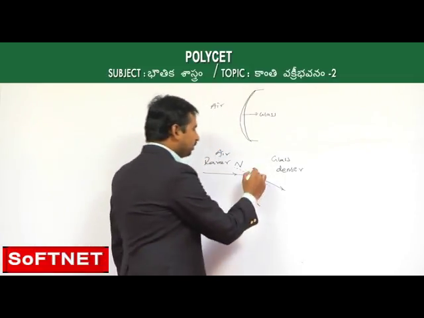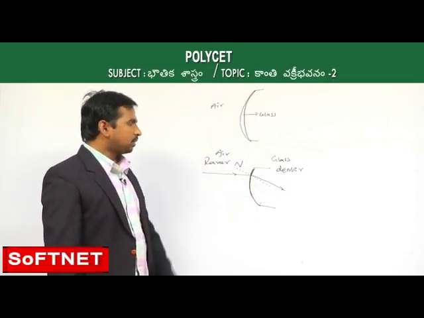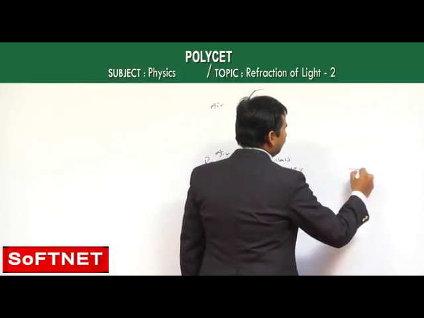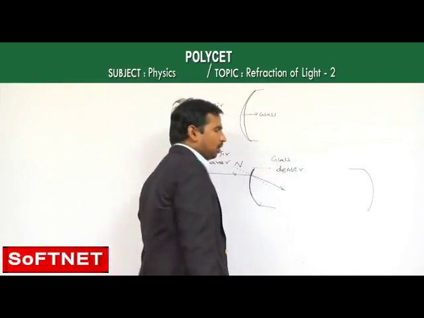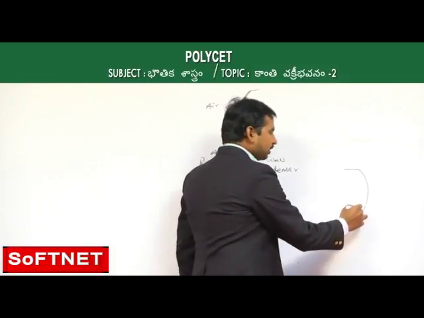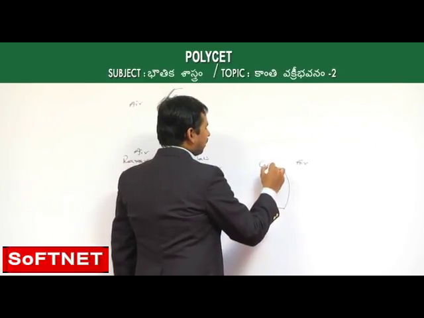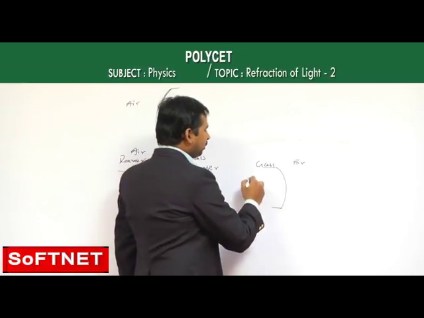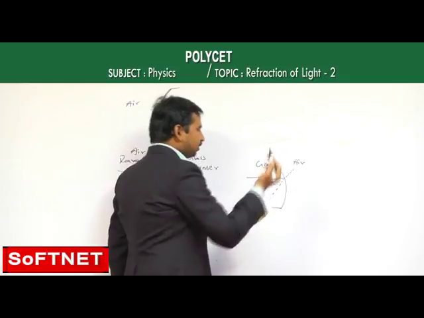If we assume this is the glass, and the light rays enter the glass, next the light ray passes from this glass to the other side, like this. This is the convex surface. Now, let us suppose the light ray is coming from the glass and going back out to the air. This is the air and here inside we have glass, the part of the glass. The light ray is coming from the glass like this, and this is the normal.